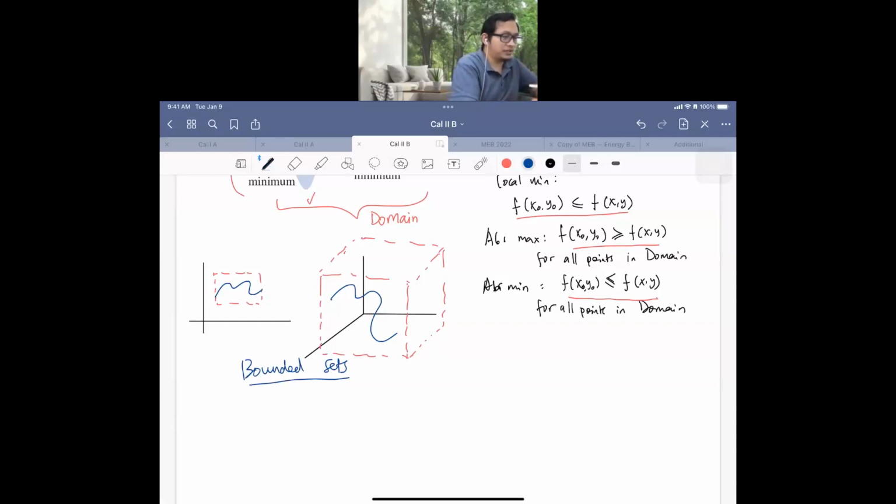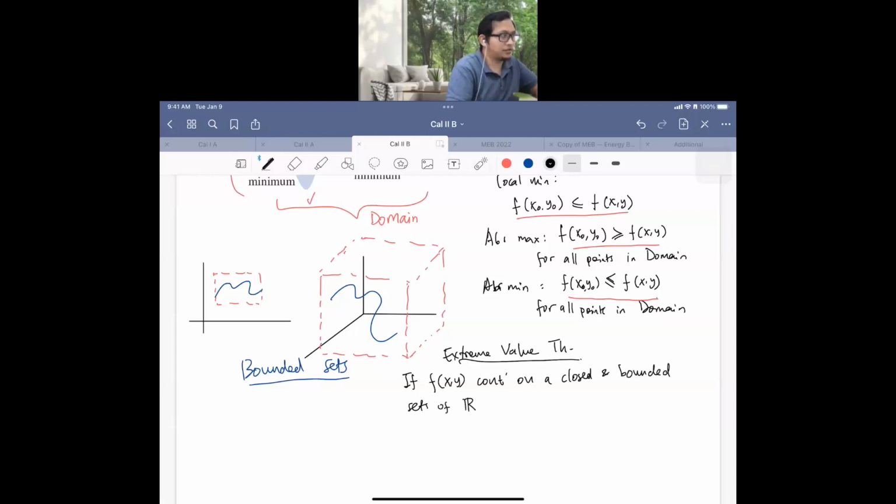So by definition, the extreme value theorem is saying that if the function of two variables is continuous on a closed and bounded set of R, then the function has both absolute maximum and absolute minimum.